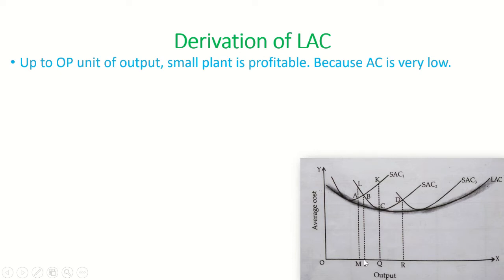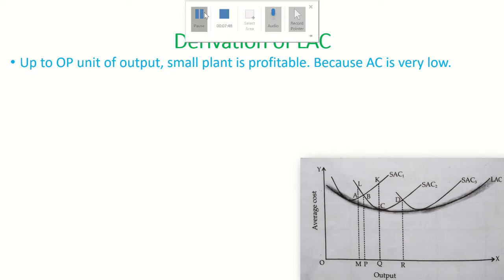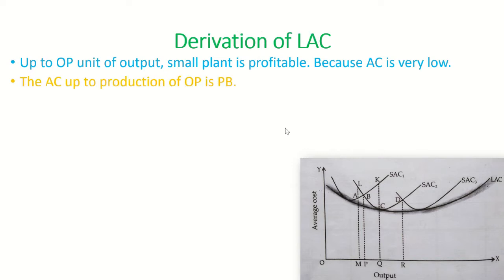Up to OP units of output, the small plant is profitable because the average cost is very low. And the average cost up to the production of OP is PB. Okay, because on the y-axis the average cost is depicted, so up to the production of OP the average cost is PB.